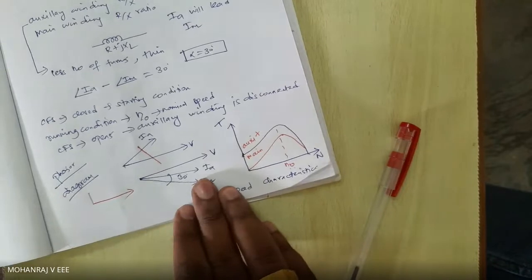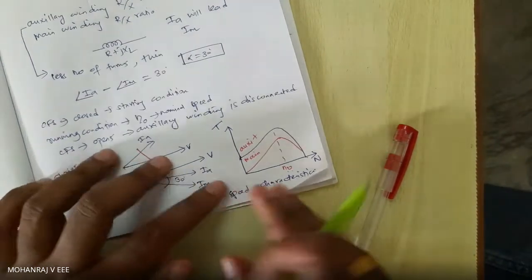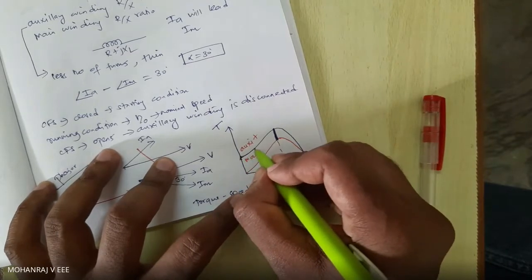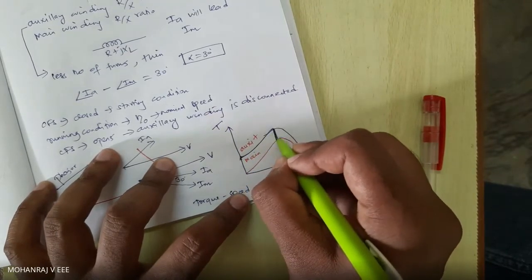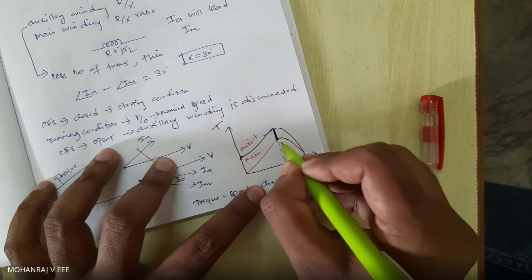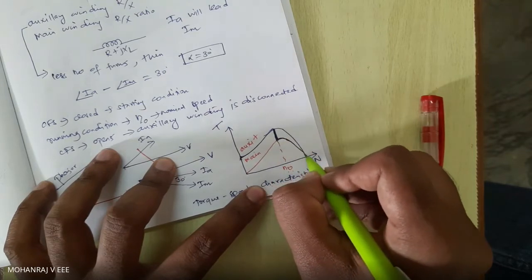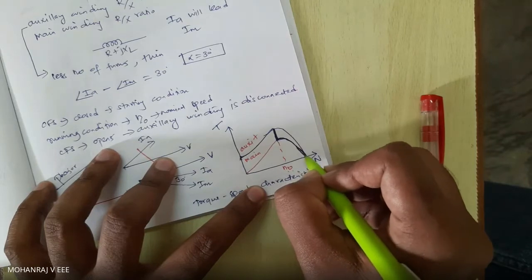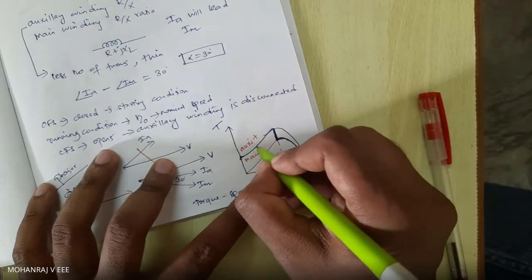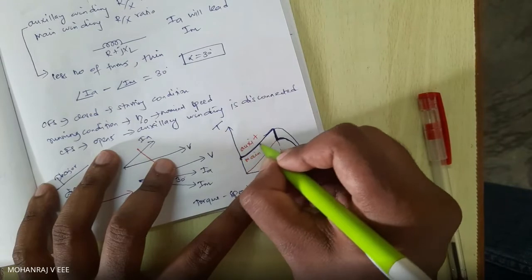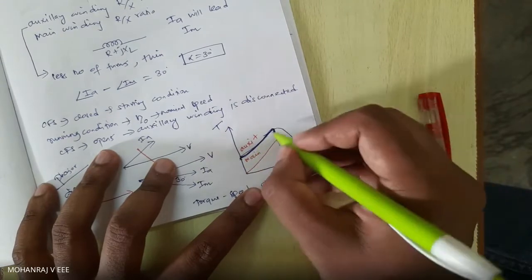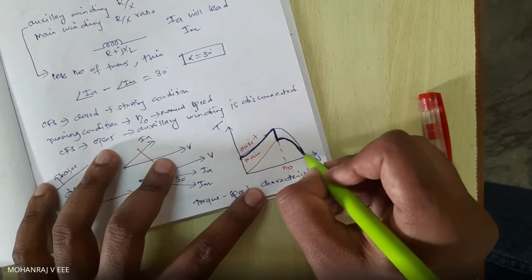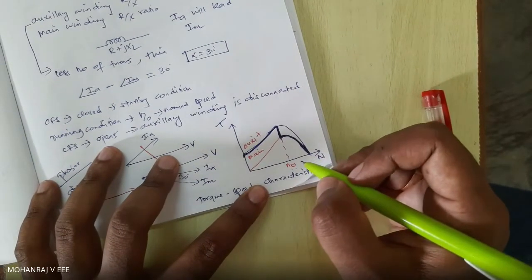So at N0, the torque drops. You will have only this. So this dark portion is the actual torque speed characteristics of the resistive split phase motor.